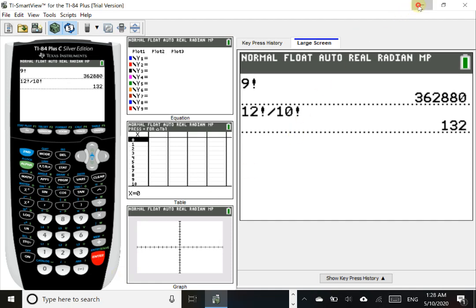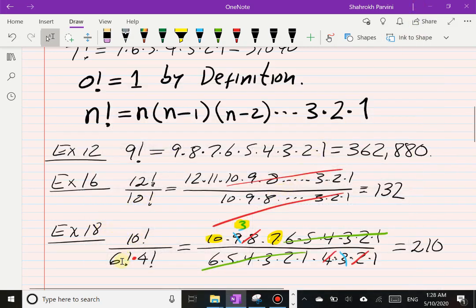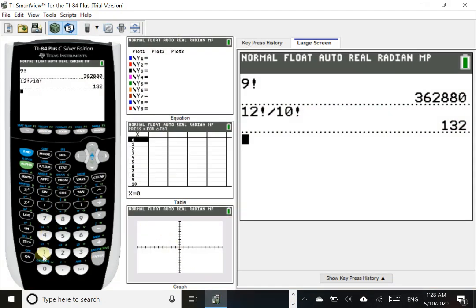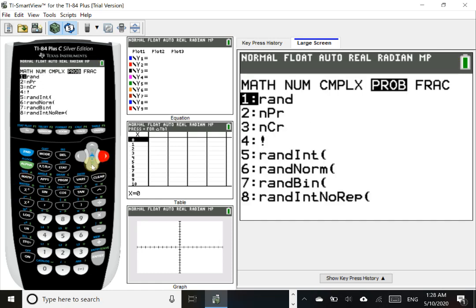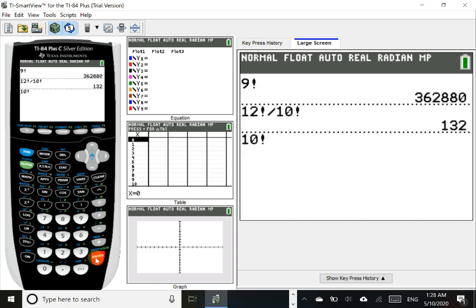And just to show you what that one was, in number 18, that was 10 factorial over 6 factorial, 4 factorial. So for this one, I'm going to go 10 math, enter, 10 factorial. Now we want to divide this, right? So I'm going to go divided by. Now in the denominator, because we have 2 numbers we want to factorial, I'm going to use parentheses. Otherwise the order of operation will be incorrect.